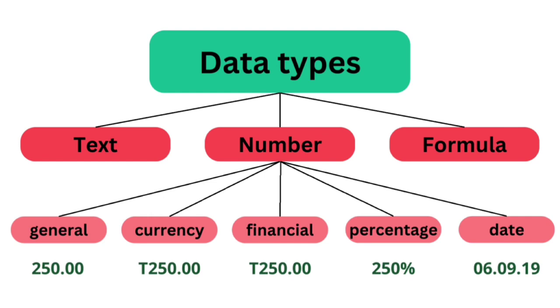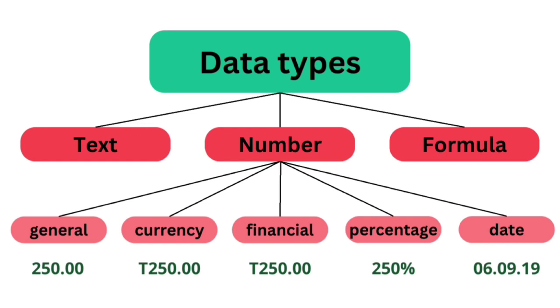Financial format is used to display numbers with a decimal part and currency symbols, for example, $100, and currency format is used to display numbers with a decimal part and currency symbols, but without leading zeros after the decimal point.